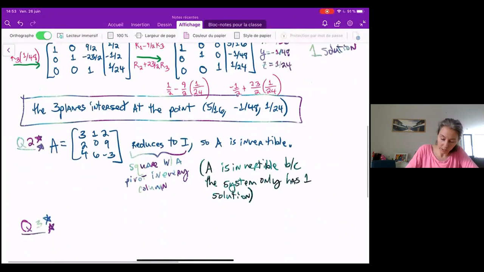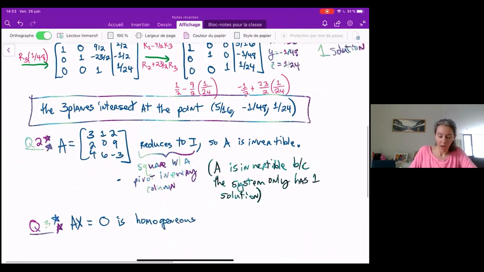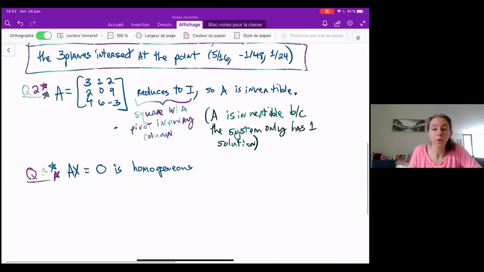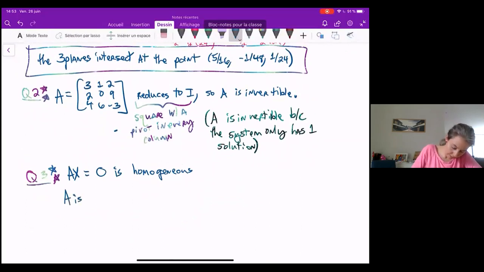So AX equals 0. A is invertible, reduces to I, has a pivot in every column. All of those things mean the same thing.